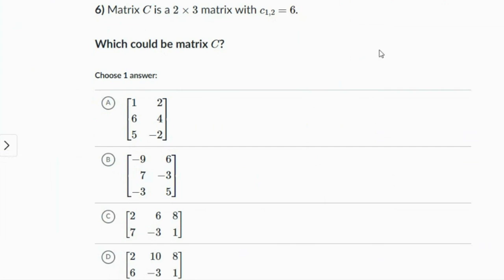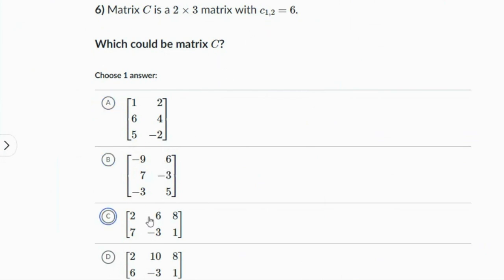Jonathan says B. It's a 2 by 3 matrix, that's important. Jonathan's changing his answer, he said C now. Ty says B. Joy says C. We got B's and C's here. Well, the good thing is C12 is 6 in both. That's correct for either one.